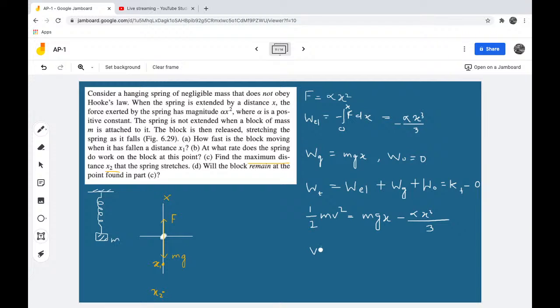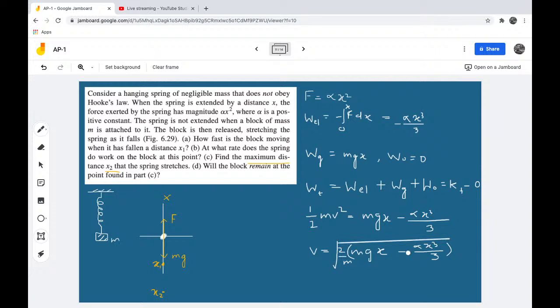Your v is equal to, what do I write? So this is as it is, mgx minus alpha x cube by 3, multiplied by 2, and this mass will go down, m, and square root.